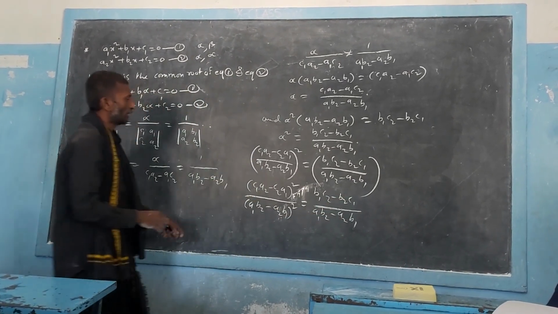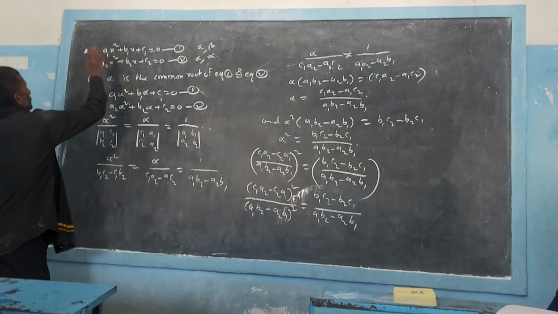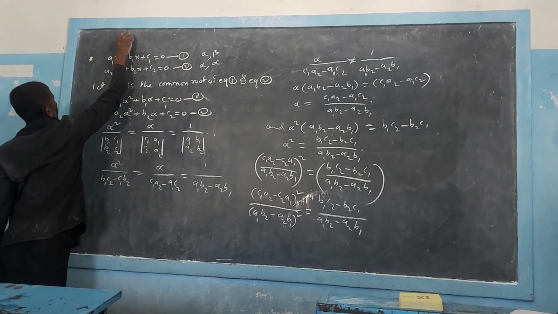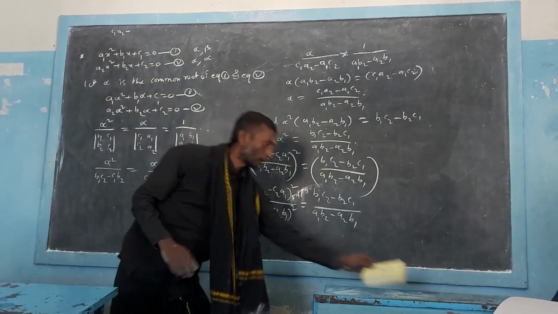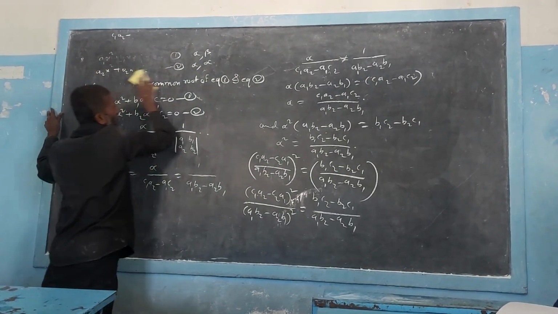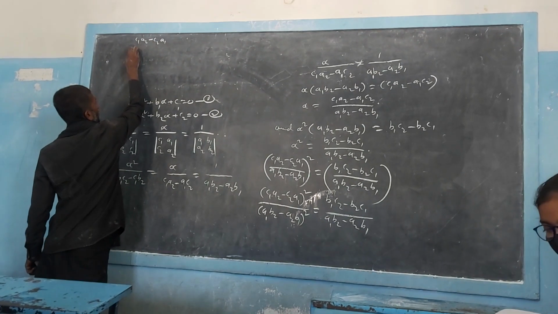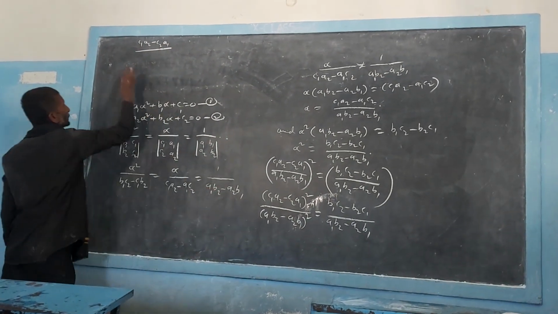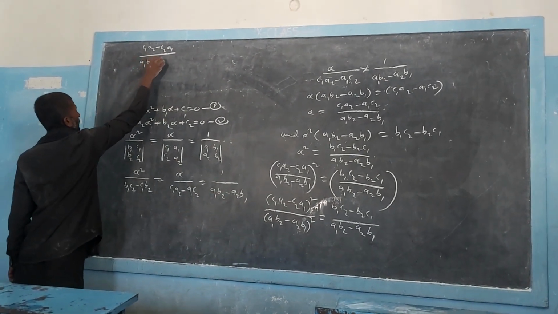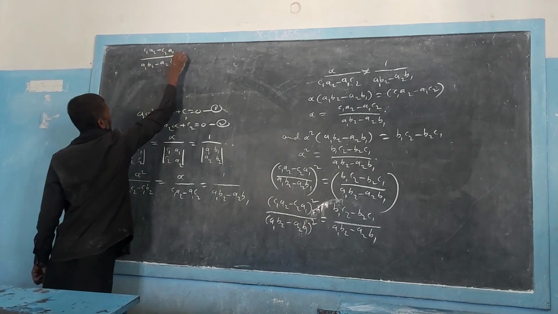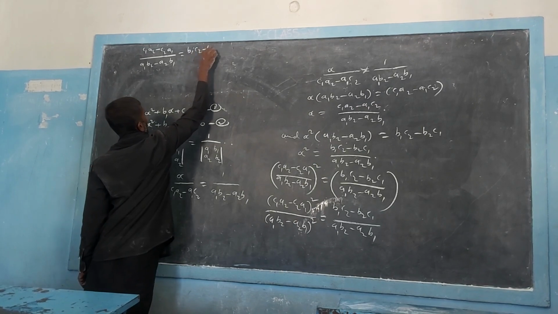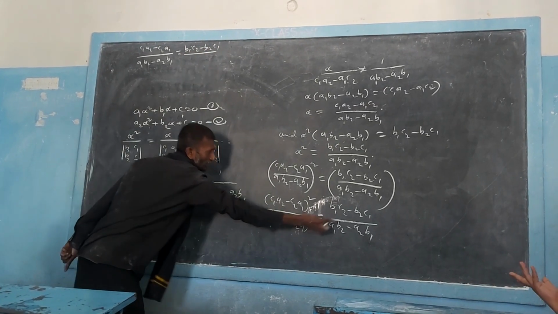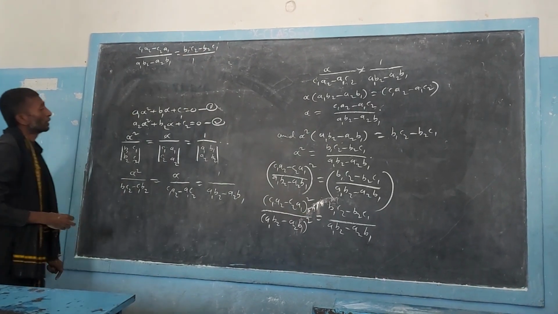Then it remains C1 A2 minus C2 A1 by A1 B2 minus A2 B1, which will be equal on the right hand side to B1 C2 minus B2 C1. It is cancelled.